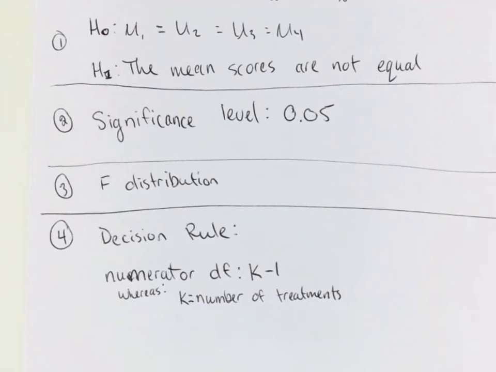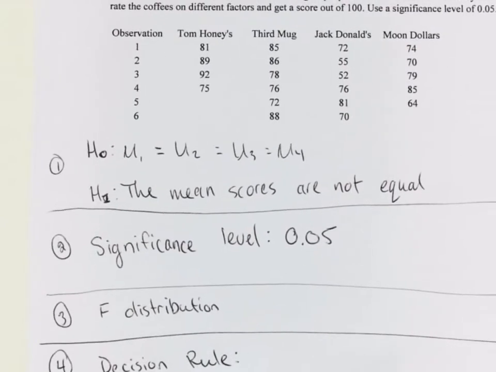So in this case, we have 4 samples, which, remember, we call treatments when we use the ANOVA.